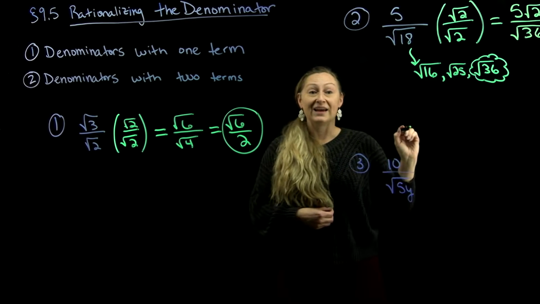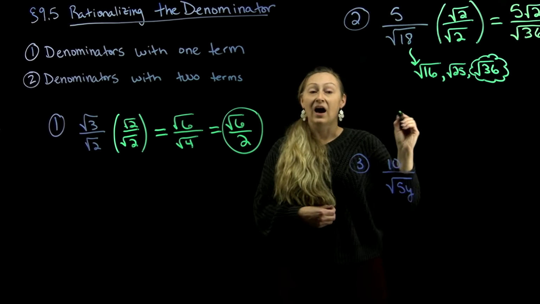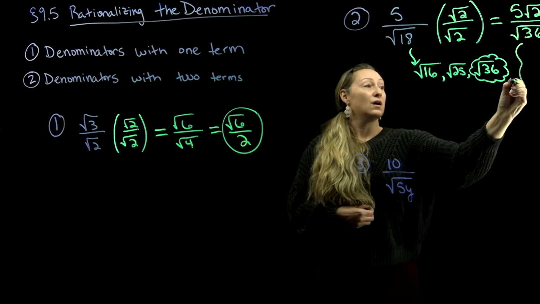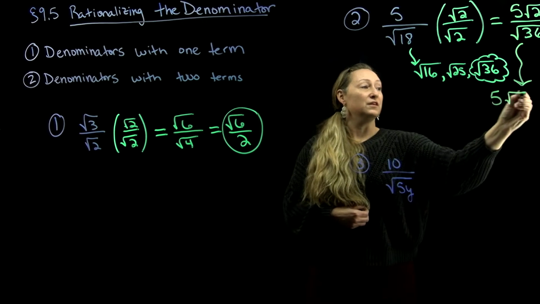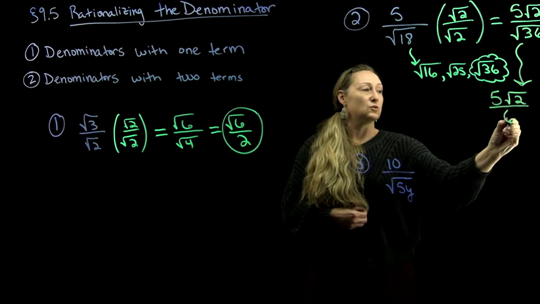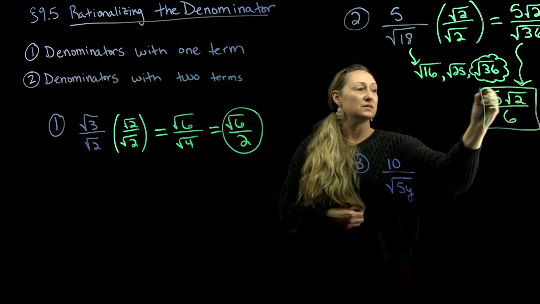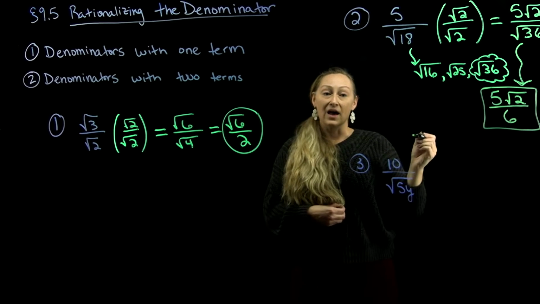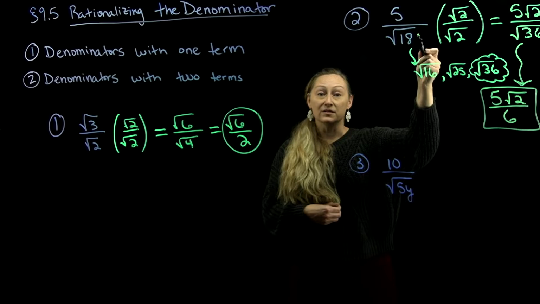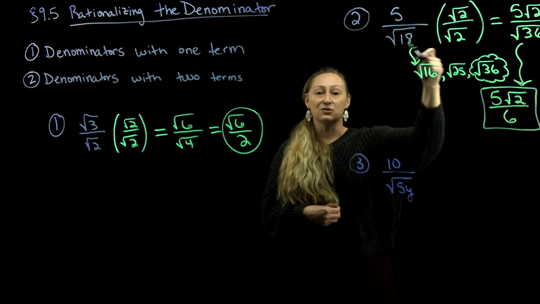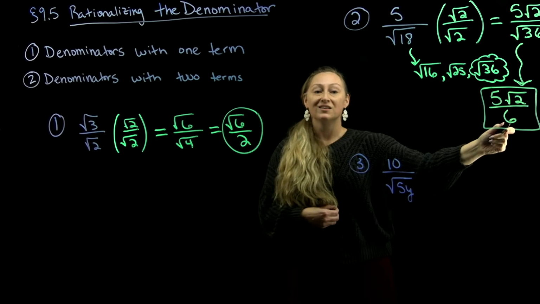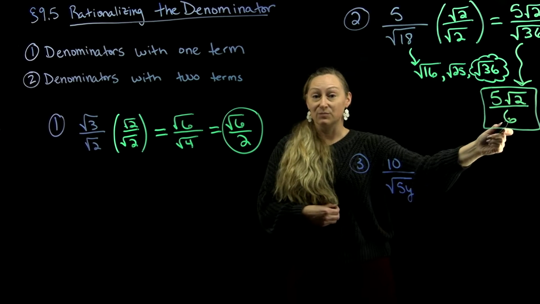Now this is where we would like to be, because in this case, I know the square root of 36 is equal to 6. So our final answer will be 5 square root of 2 over 6. Again, this is the most simplified version of our original problem because the original problem has a square root in the denominator, and that's not simplified. This problem now doesn't have a square root in the denominator, so it's simplified.